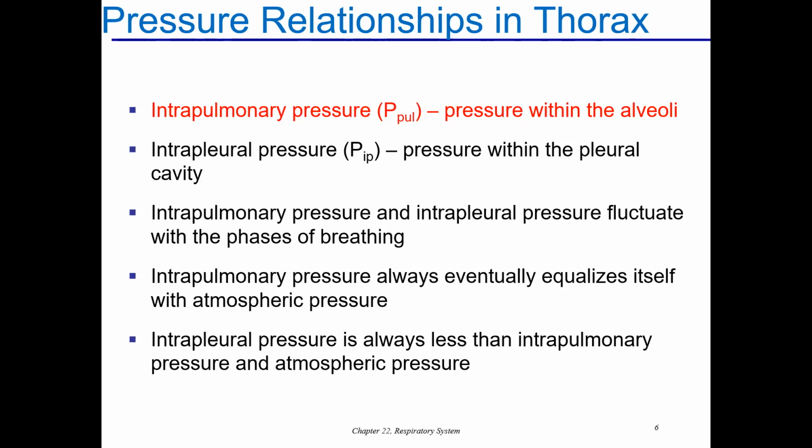And it's there so we don't have any friction. That is the pleural cavity, and we say the intrapleural pressure, the pressure on the outside of the lungs pushing in. So we have pressure inside the lungs pushing out and pressure outside the lungs pushing in.